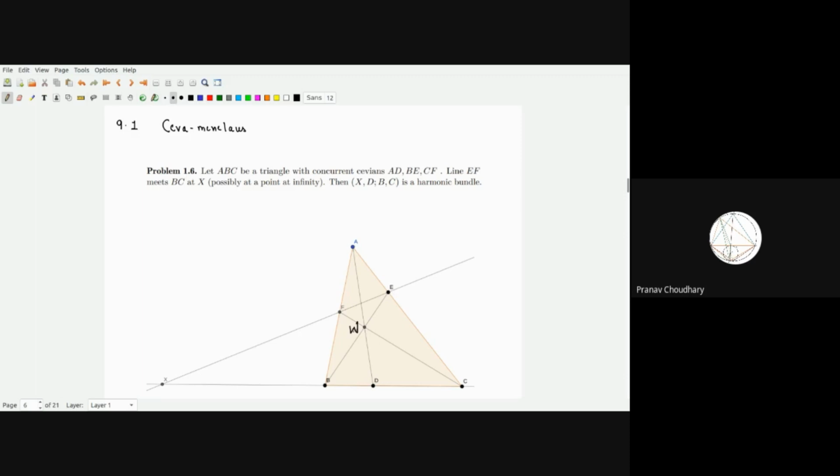Harmonic projections. Try to project the bundle which you want to prove harmonic. Oh, okay. Now I'm actually curious what the proof is.